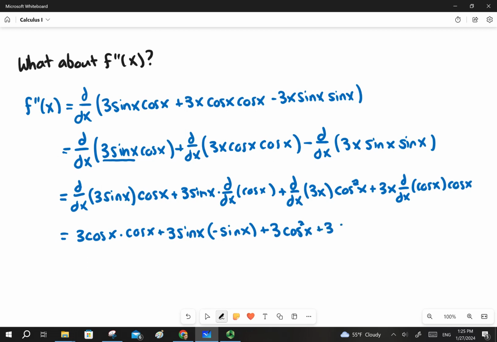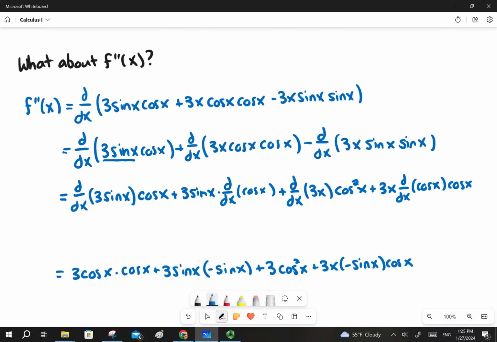So I get 3x times negative sine x times cosine of x. And then I still have to do the third term for that product, which would be 3x times cosine x times the derivative of cosine x, which is 3x times cosine x times negative sine of x.